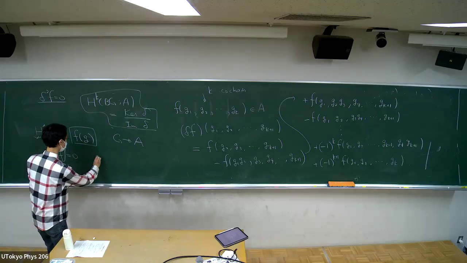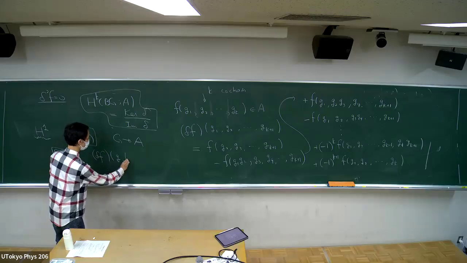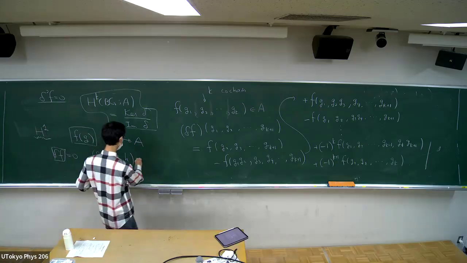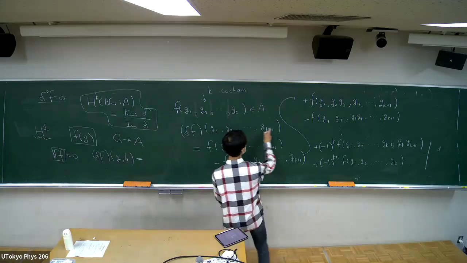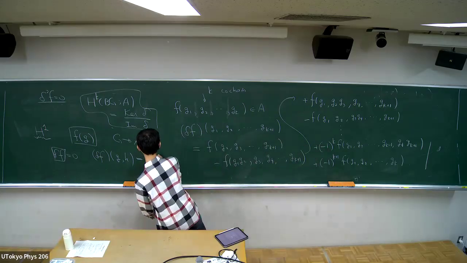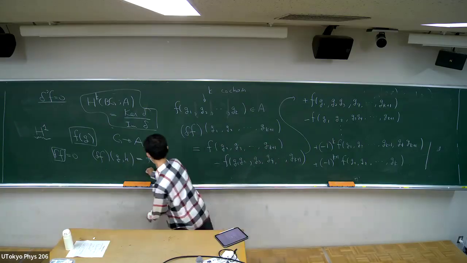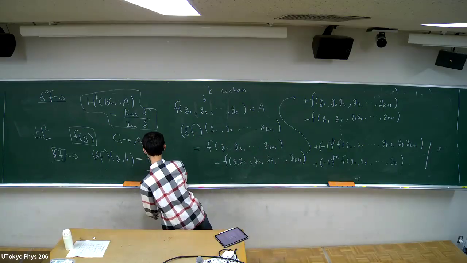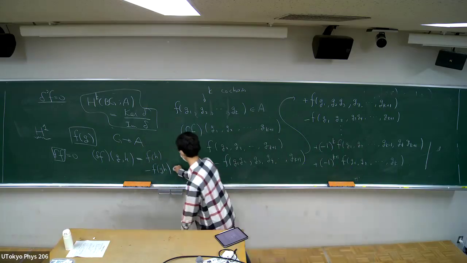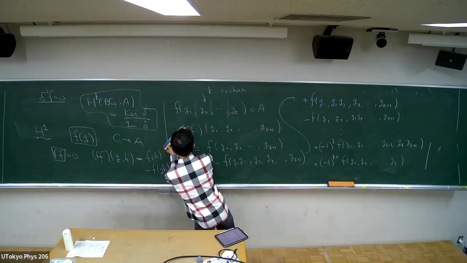Delta f is a two-cochain, so it has two arguments, g and h. Following this general formula, you have f(h) from the first term, from the second term you have f(gh), and the third term is this last one, plus f(g).